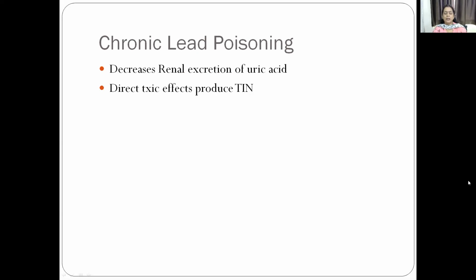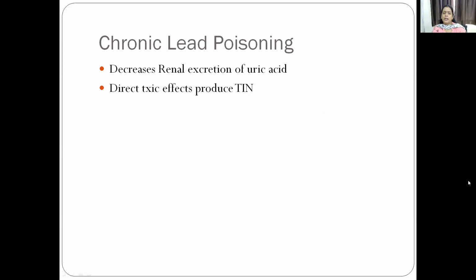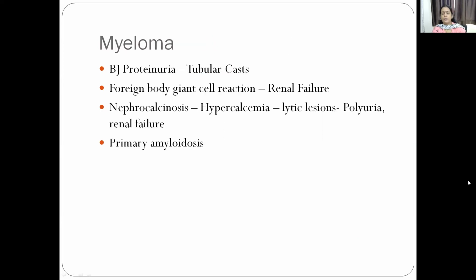So remember that urate nephropathy can be a result of abnormal purine metabolism, lead poisoning, or myeloma also. Okay, so urate nephropathy can also be caused sometimes by chemotherapy. Whenever we are using drugs to treat cancer, we can get this kind of tubulointerstitial nephritis.